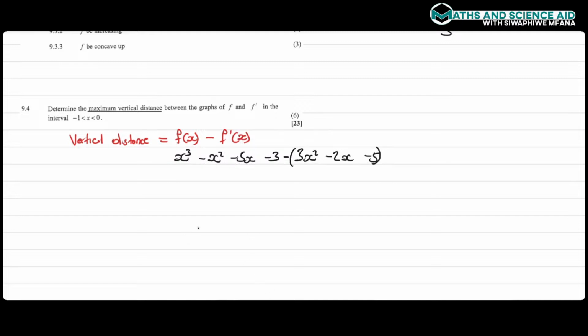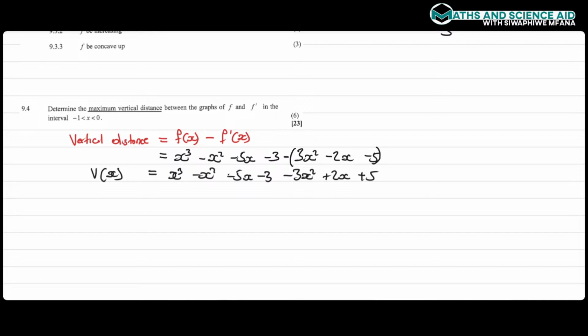And then after this, it's easy, guys. You'll obviously have to expand here. So you'll have the vertical distance as a function of x. So you'll expand here. You'll have x cubed minus x squared minus 5x minus 3. And then this will be minus 3x squared plus 2x plus 5.